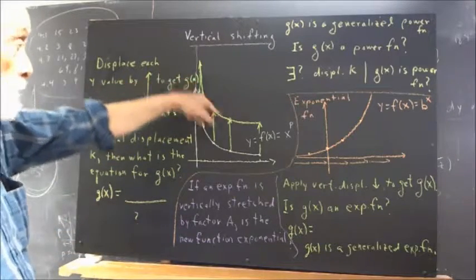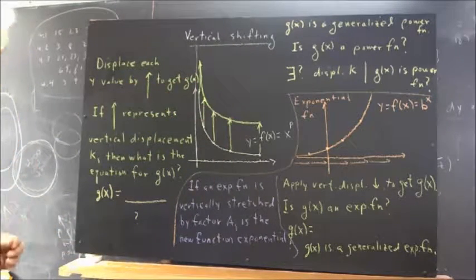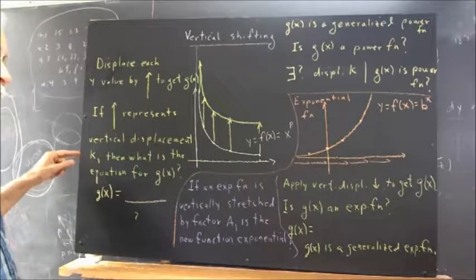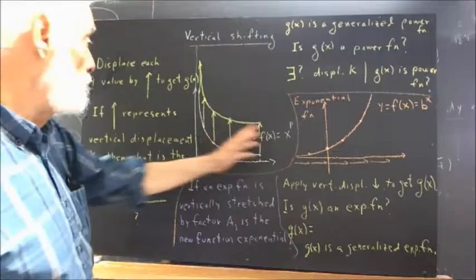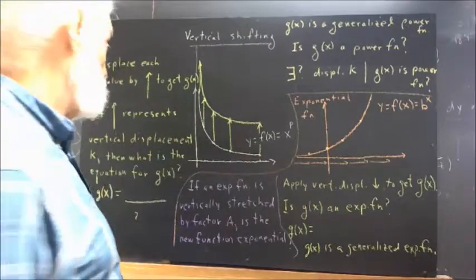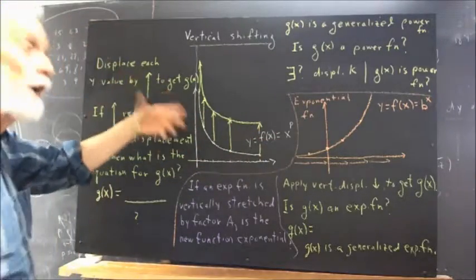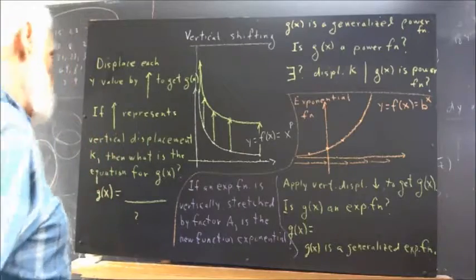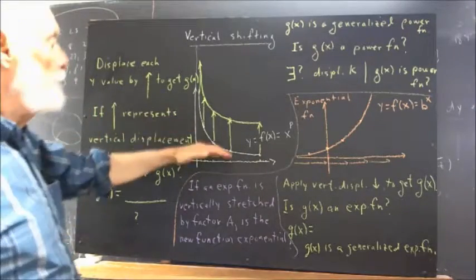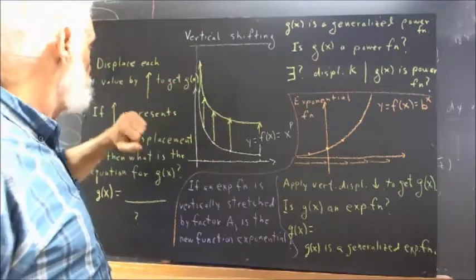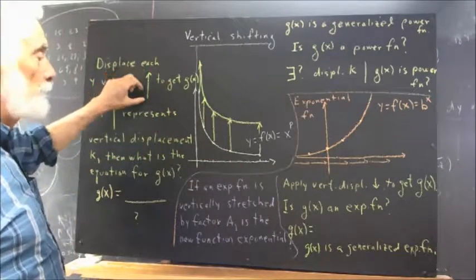So we pose the question, what's the equation for the g of x function? Because this green function is going to be our g of x function if the vertical displacement is represented by the letter k. We don't have a scale on this graph, and I don't want to put a scale on this graph at this point. We want to do this purely geometrically. We don't want to have to worry about a bunch of numbers. All I'm saying is that we move each point some distance higher, and it might be a greater or a lesser distance.